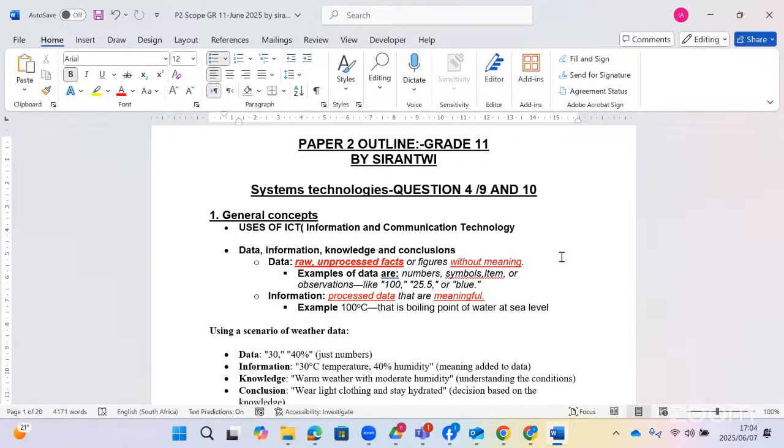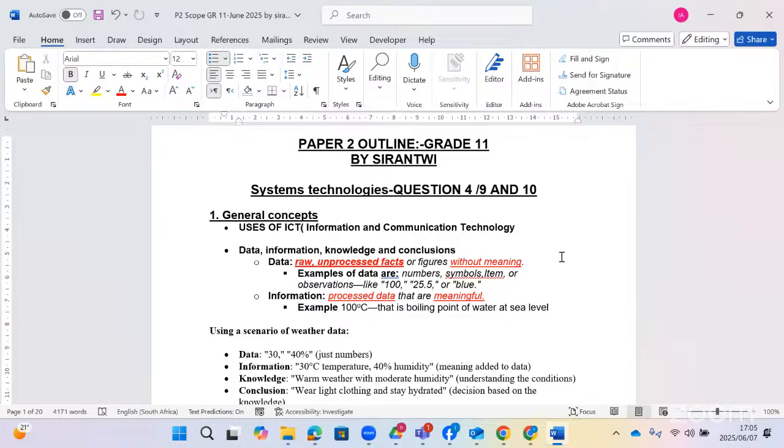Right. Again, you must also know the differences between the data and information, data being the raw facts and figures that is yet to be processed, without meaning. Examples are numbers, symbols, items, observations like 100.